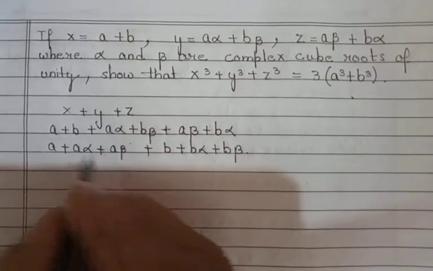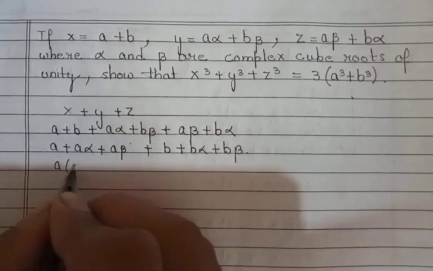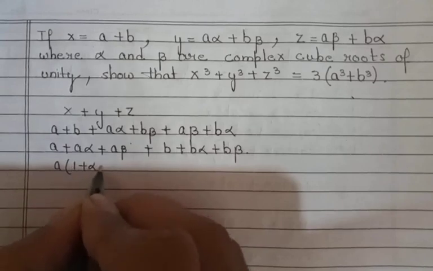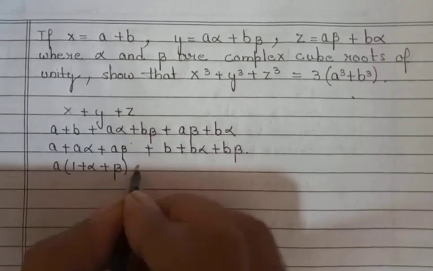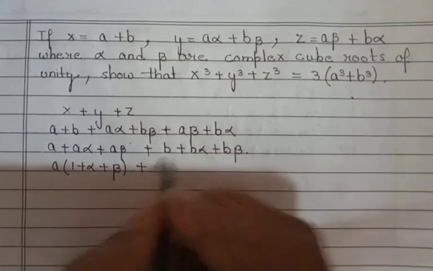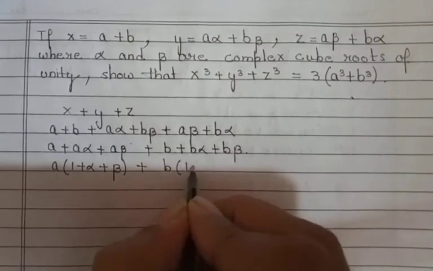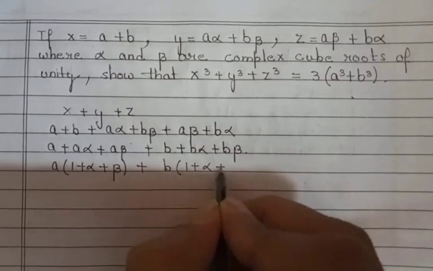Now from this group I can take a common, 1 plus alpha plus beta. From this group I can take b common, so it's 1 plus alpha plus beta.